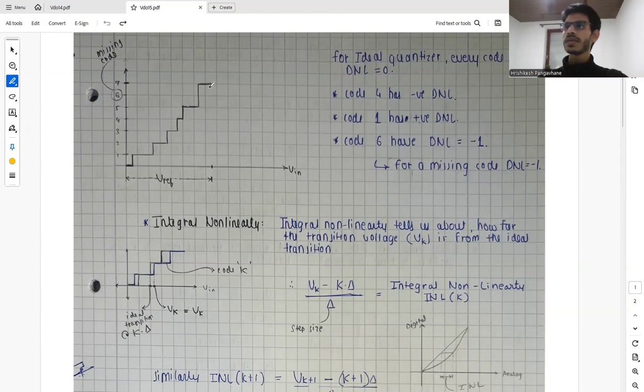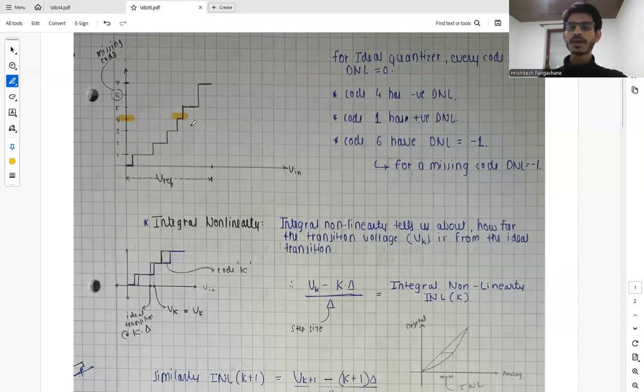When we talk about a non-ideal quantizer, let's take code 4. Code 4 has a width which is lesser than the step or the least significant bit, the mean or average step size, which is the ideal step size when we design mathematically.